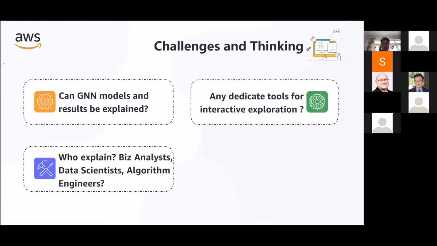And that raises the question, who should make the explanation? Should it be the business analyst or the data scientist, just like me, because I created the model and showed the explanatory result, or should it be the algorithm engineer to do that work? I do hope that in the research domain, if some new explainability methods or models come out, we also think about who should use them and give the final explanation.